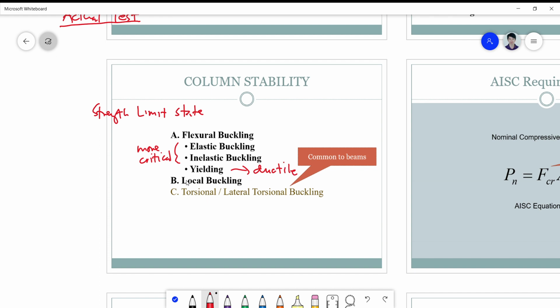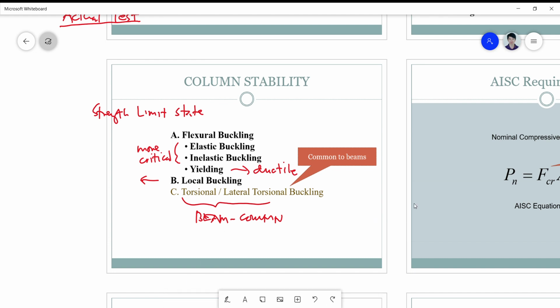So for the second one, this local buckling, we will be treating this later, separately. And the last one here, which is the lateral torsional and the torsional buckling, is more common to beam columns. Okay, so these are more common to beam column problems.